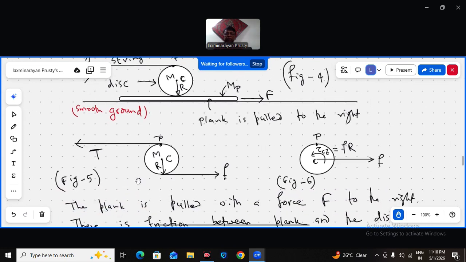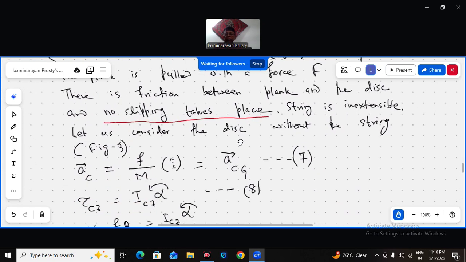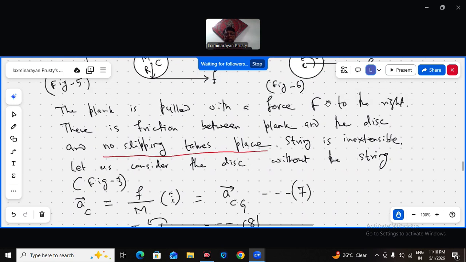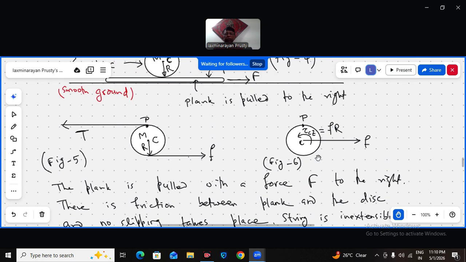So in figure 5, this is the situation. That's what I wrote. Just like the previous example, let us consider the disc without the string being attached. Let us see what is the acceleration of point P, whether there will be tension in the string or not. That's what my aim is.